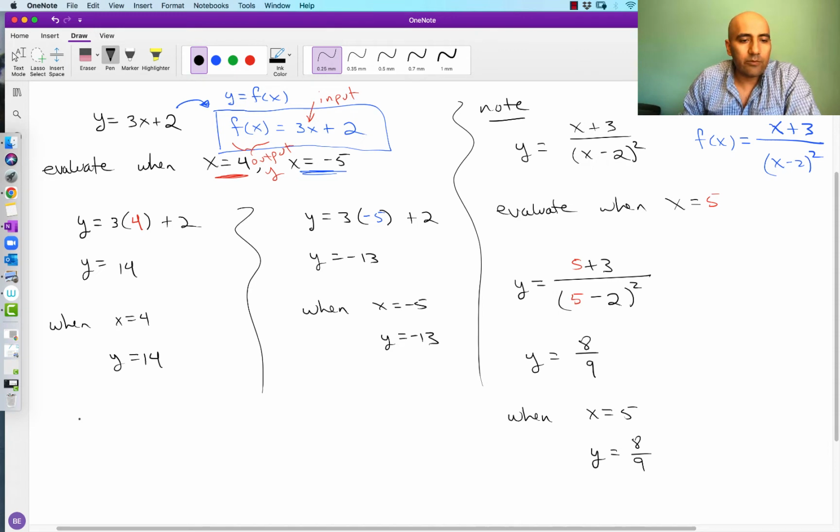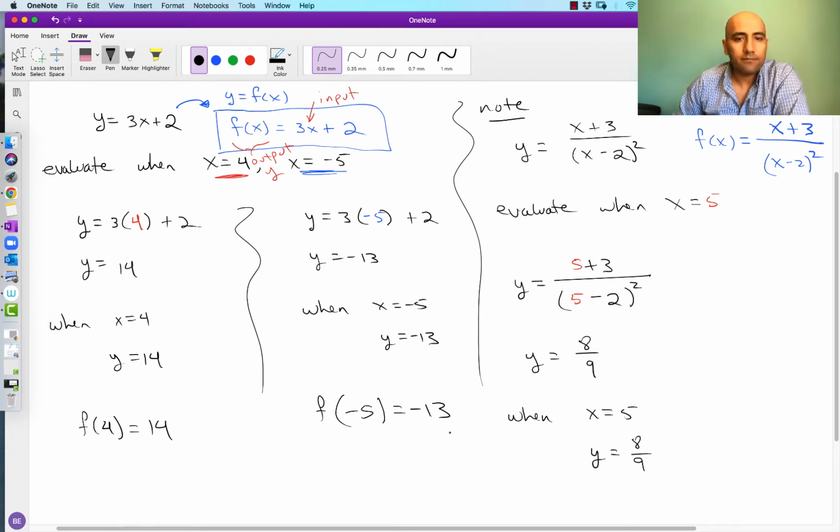This then can be rewritten as f of 4 equals 14. Makes it easy to tell that the input is 4, the output is 14. Likewise over here, this would be f of negative 5 equals negative 13.